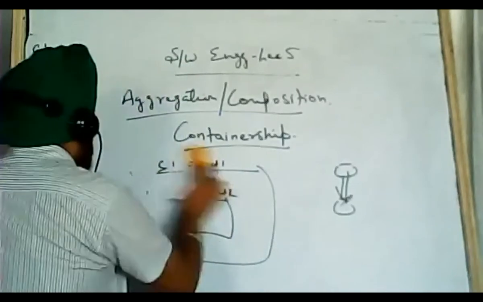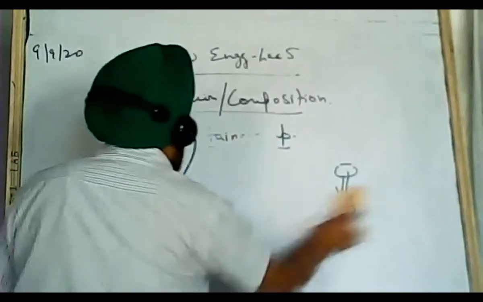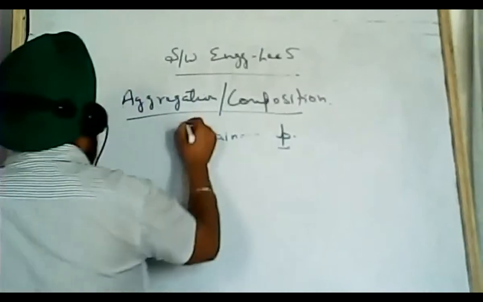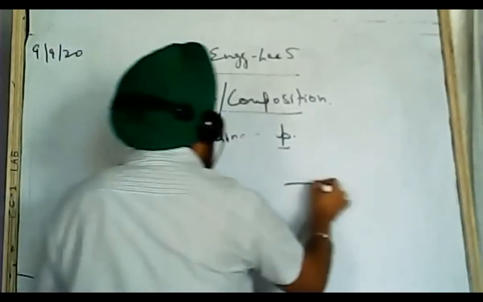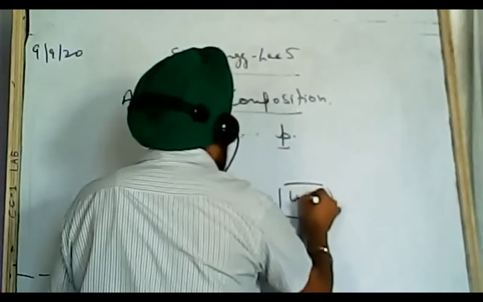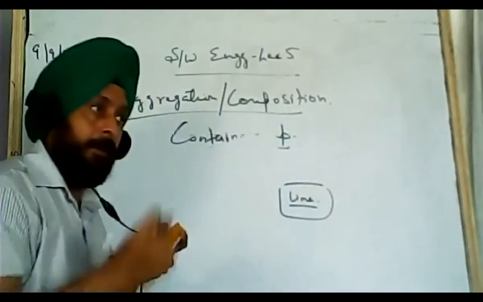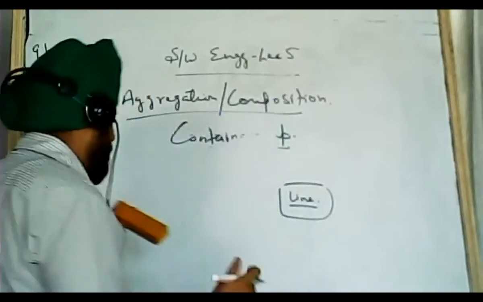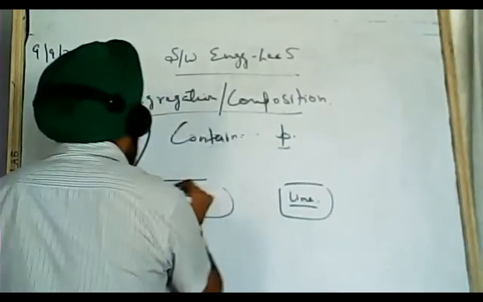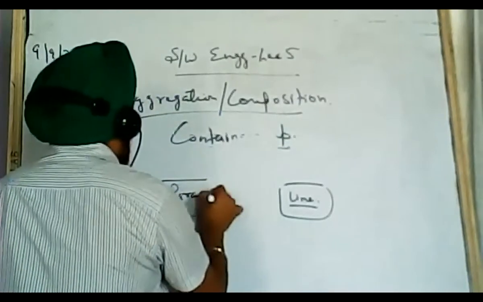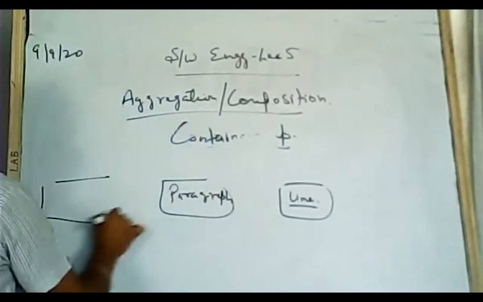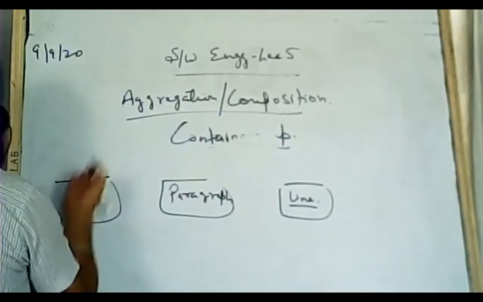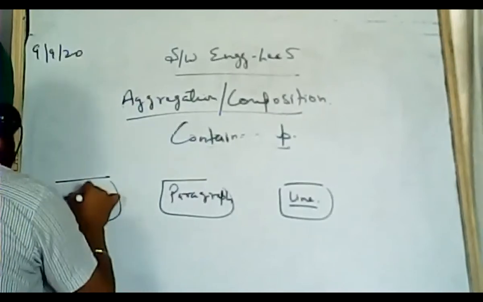For example, we have one class line, a sentence, line or sentence. Then we have one class paragraph. Then we have one class book, or you can have a chapter.